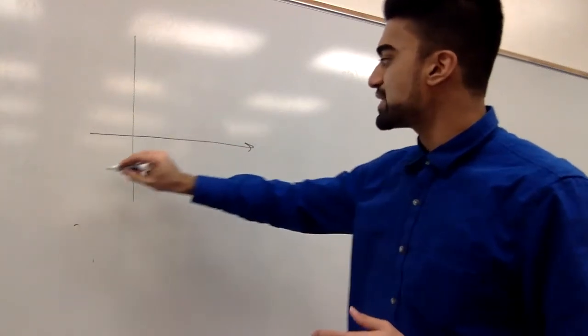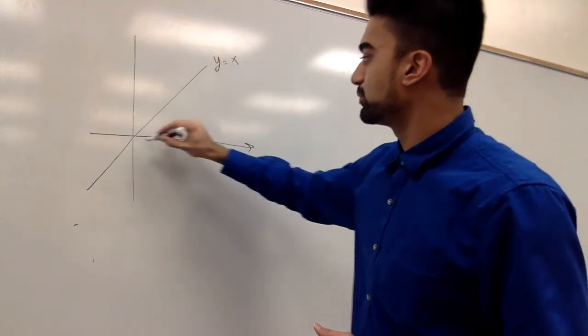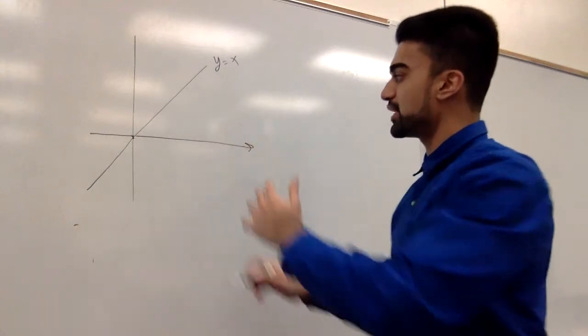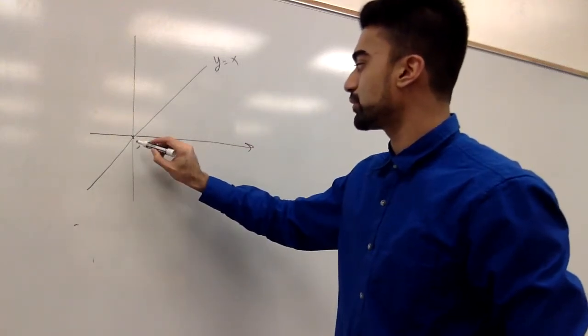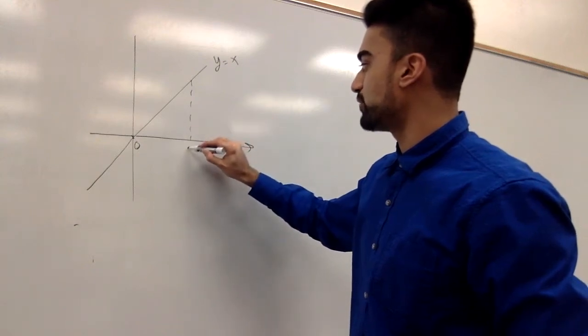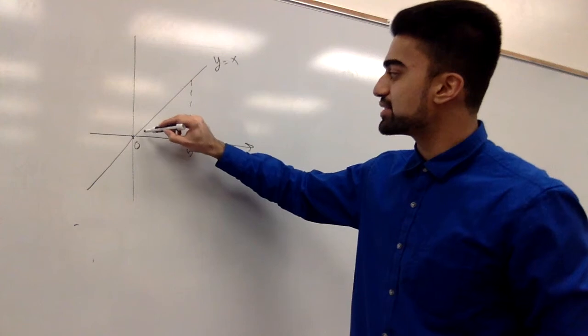to check if what we just derived is correct. So let's say I have the line y equals x, and I want to calculate the area under this line from the origin, or x equals 0, to say x equals 5, right? So why am I doing this? It is because this is a triangle.